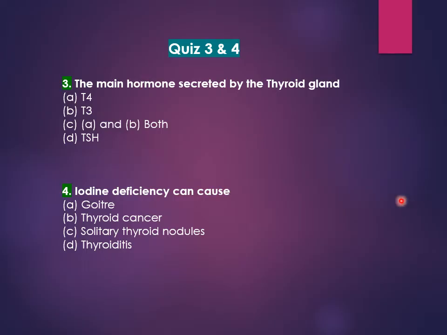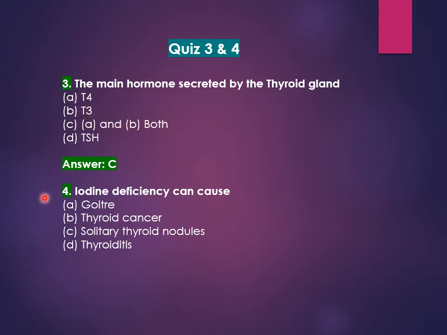Now we come to question number 3 on physiology. The main hormone secreted by the thyroid gland: A, T3, T4, B, T3, C, A and B both, D, TSH. The answer is C, A and B, both T3 and T4.